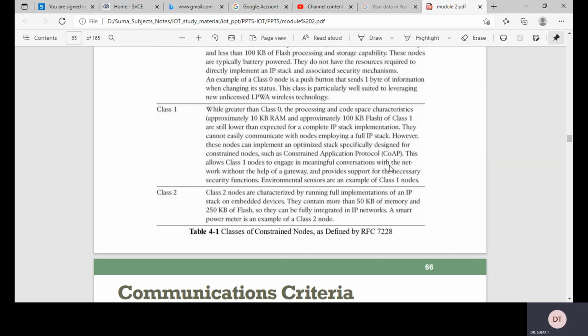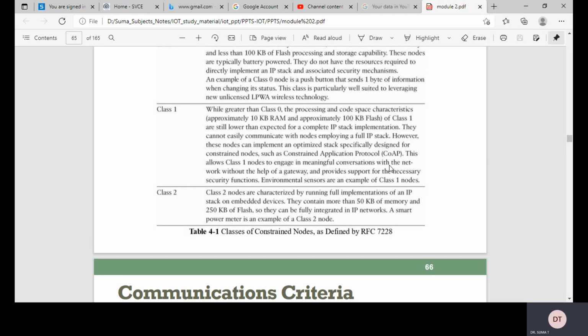When you take class 1 constrained nodes, as defined by RFC 7228, while greater than class 0, the processing and code space characteristics, approximately 10 KB RAM and approximately 100 KB flash, of class 1 are still lower than expected for a complete IP stack implementation.